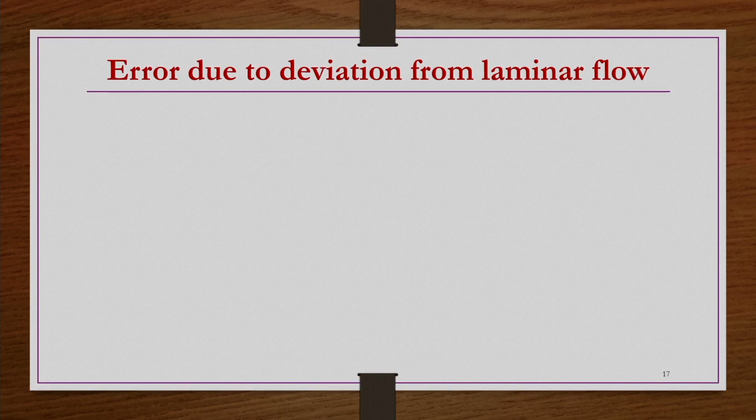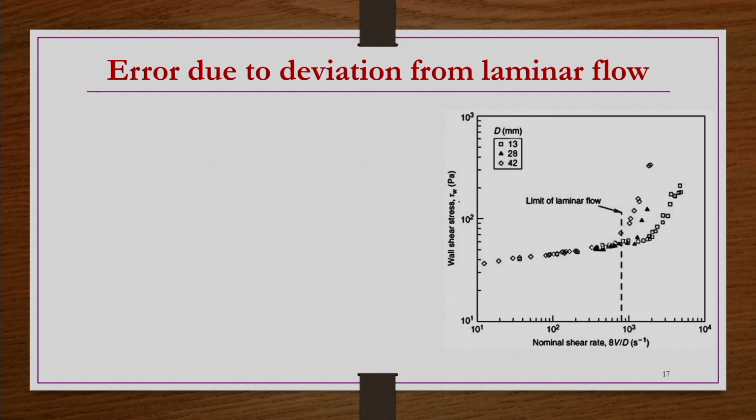So, the last error, due to deviation from laminar flow: how do you find it out? Whatever the shear stress tau w versus nominal shear rate 8V by D, when you plot it on a log graph, in general for laminar flow you get a straight line like this, right. When the flow deviates from laminar, what happens?